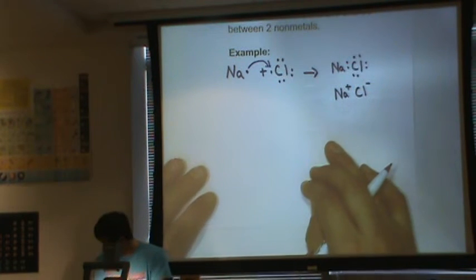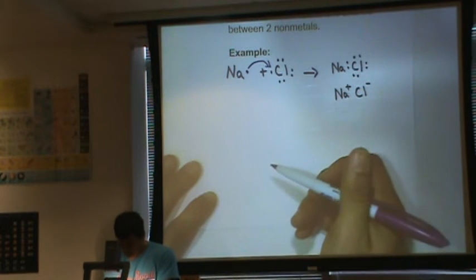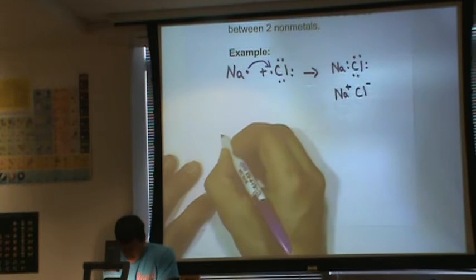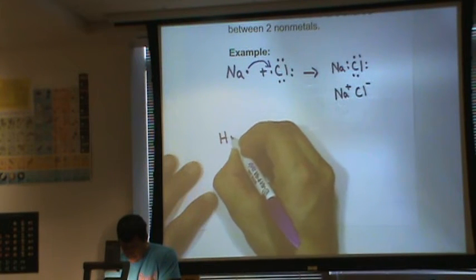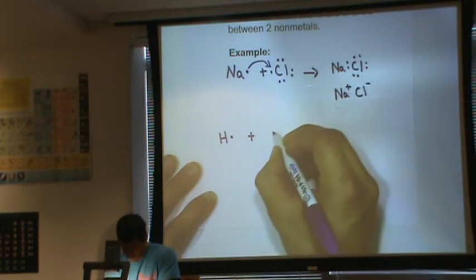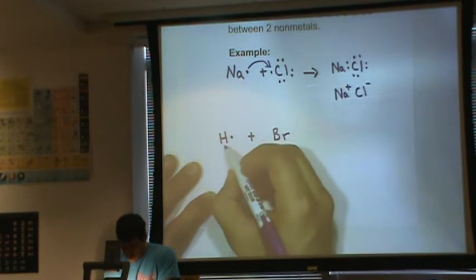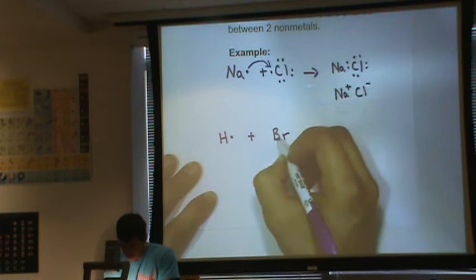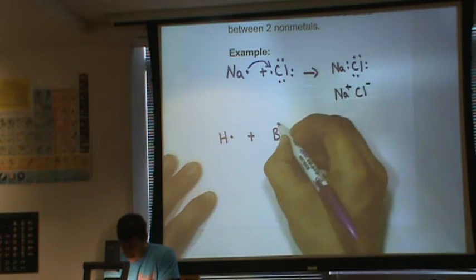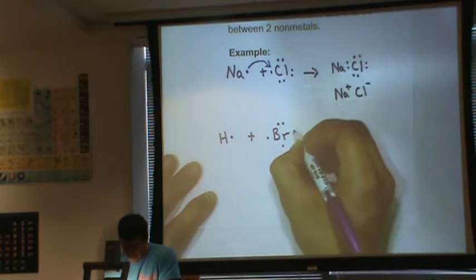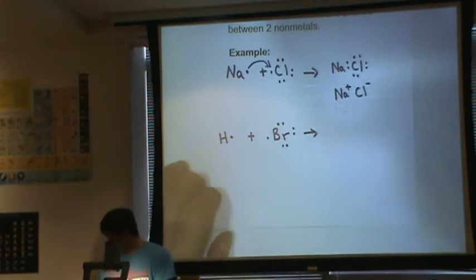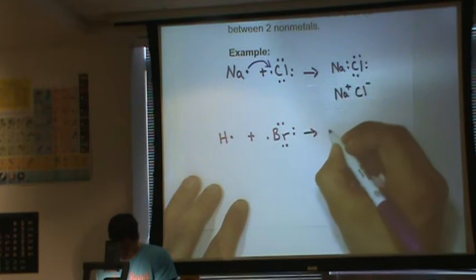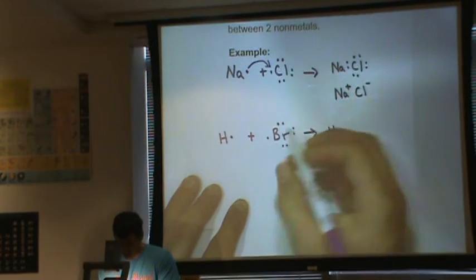For two nonmetals, let's do hydrobromic acid. We're going to treat hydrogen as a nonmetal for this, not as a metal. Hydrogen has 1 electron. Bromine, again, like chlorine, is a halogen, so it has 7. 1, 2, 3, 4, 5, 6, 7. These two are going to come together, and they're going to share their electrons.